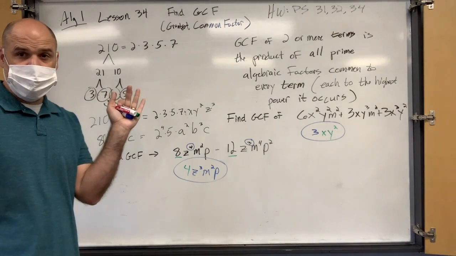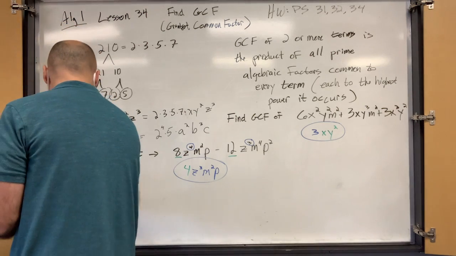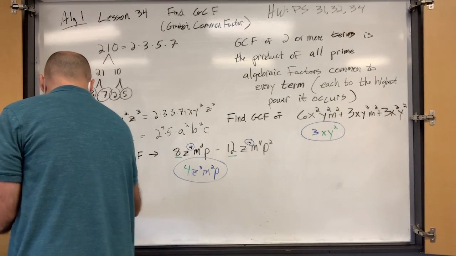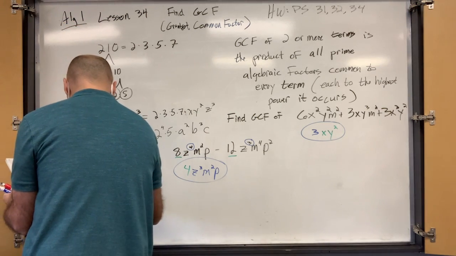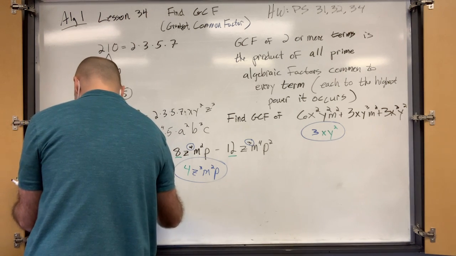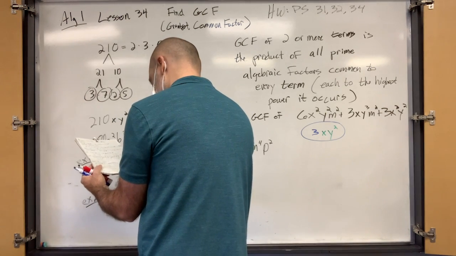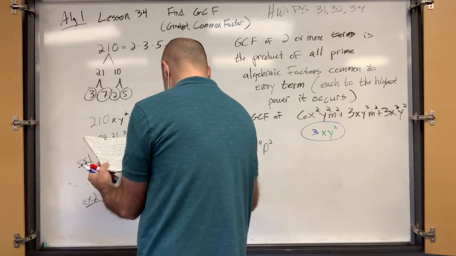One more or 2 more? Let's do 2 at a time. Here we go. Example 2. I want you to try to find the GCF of 4x squared y cubed z minus 8 y squared x z cubed.